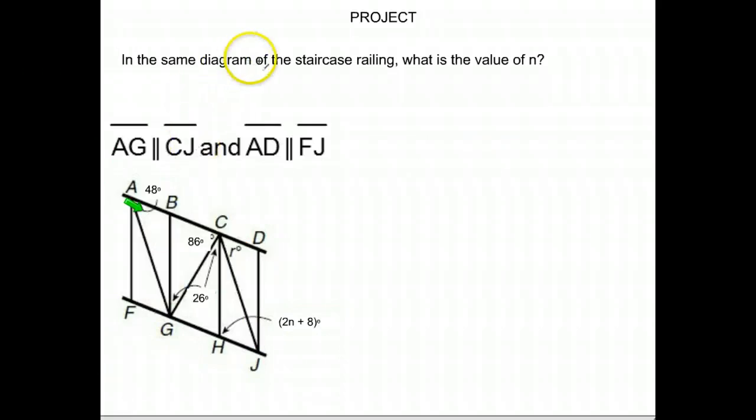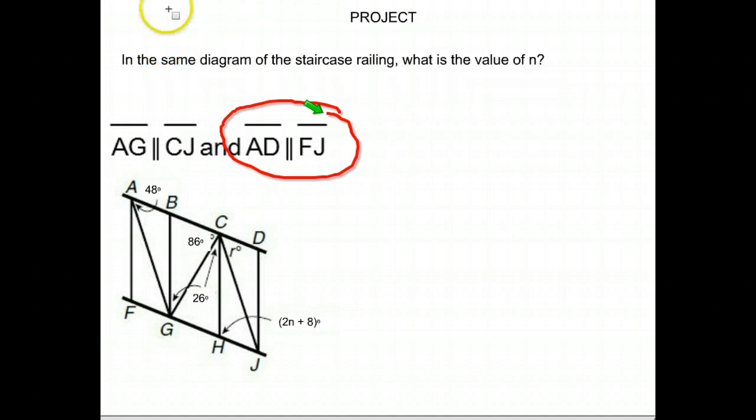Okay, in the same diagram of the staircase, what would be the value of N? Well, this one we're going to take a little different approach to. We're going to look at the other set of information we were given, that AD and FJ are parallel lines. So let me mark that on the figure.